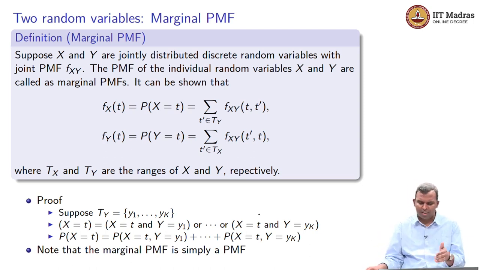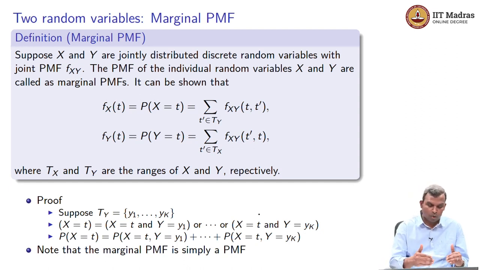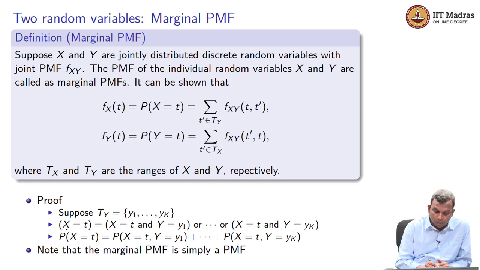Okay, actually it's very easy to prove this. Let's look at the first statement, fx of t. What is fx of t? It's the probability that x equals t, isn't it? Now let's go down to the proof here and see what is x equals t. If you look at the event x equals t, one can write this event as x equals t and y equals y1.